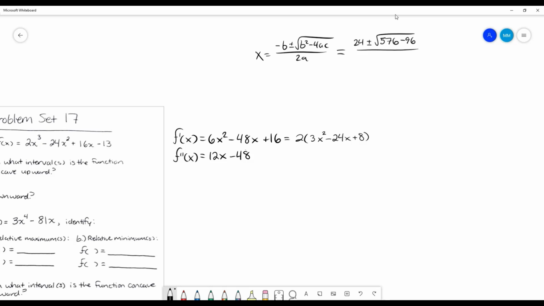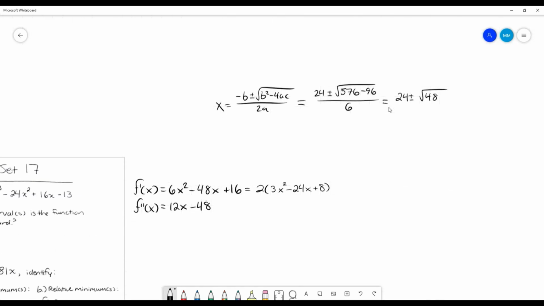All over 2a, so it's going to be 6. So that becomes this here. Oh, that's not a pretty 0.